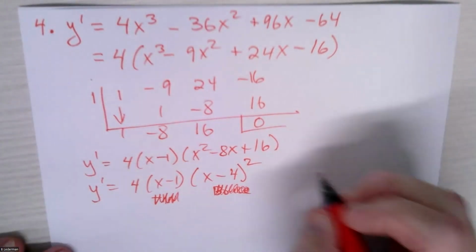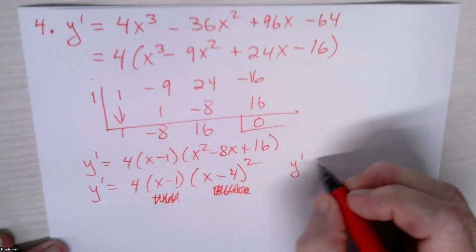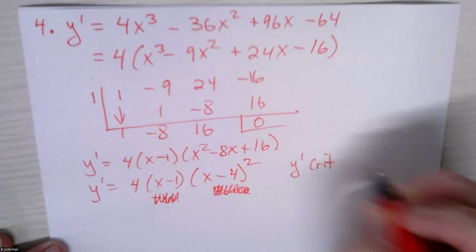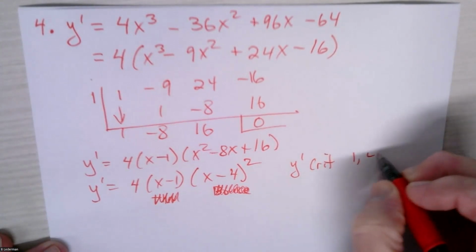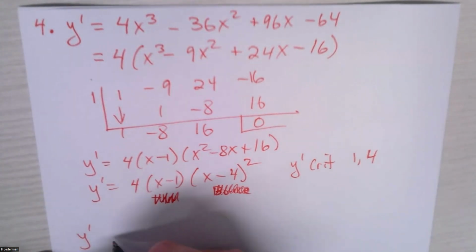So the critical numbers are 1 and 4. And now let's make a y prime graph.